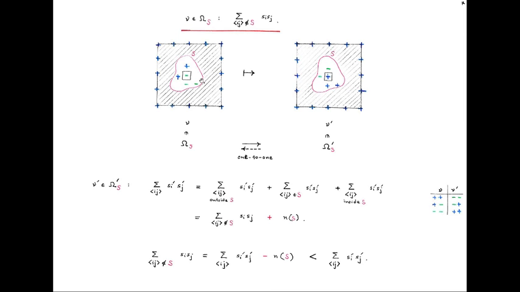For any such configuration, one can consider a new configuration. Let's call it nu prime, which is like this. You don't do anything for the spins outside, so you leave them untouched outside this shoreline. But inside you flip all the spins. So wherever there was a plus, now you have a minus, and whenever there is a minus, you now have a plus.